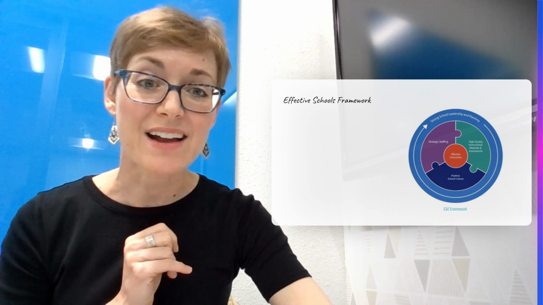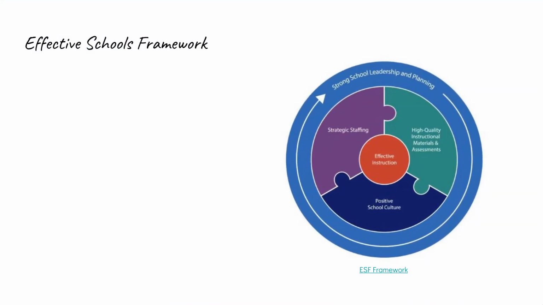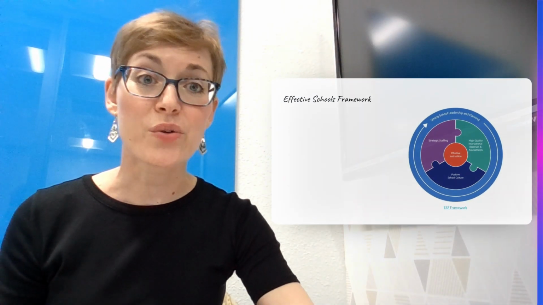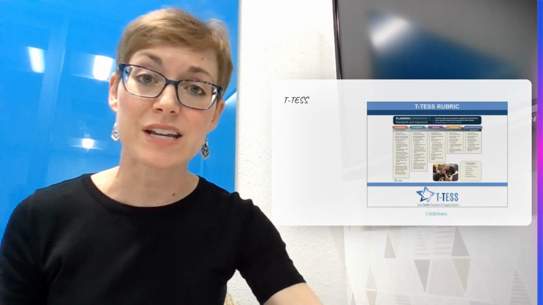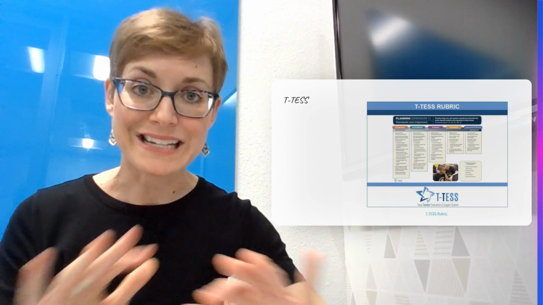Okay, all right, as we know, this is very necessary to have effective schools, right? We've got to have high-quality instructional materials and assessments. And the World Language Curriculum Framework sets us up just for that. We also know that for teachers to be successful in T-TESS, they have got to have Dimension 1 for planning down.